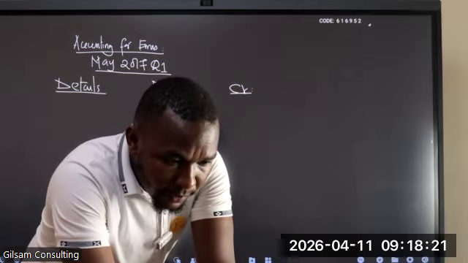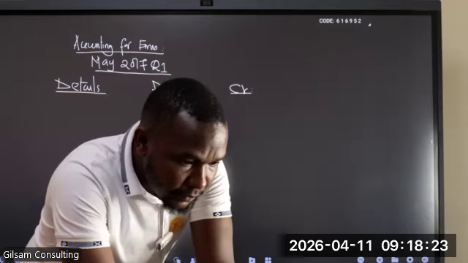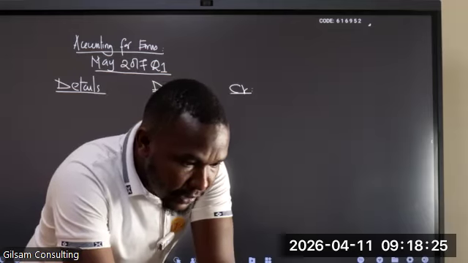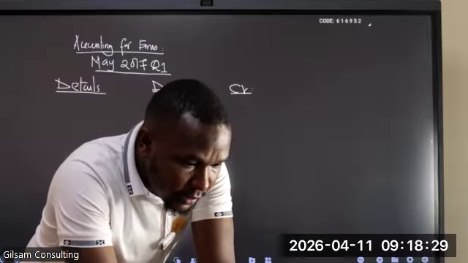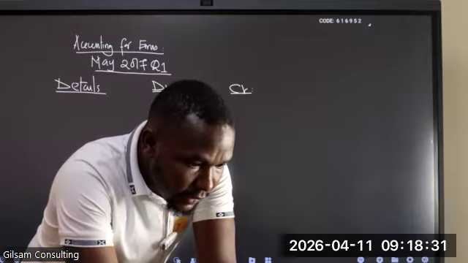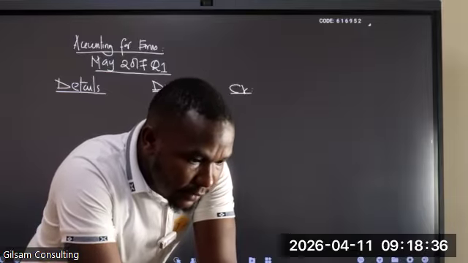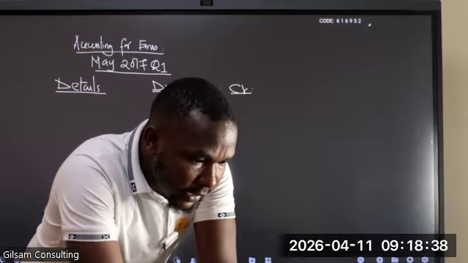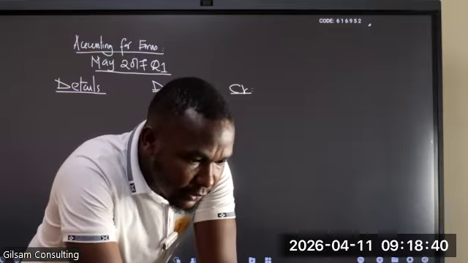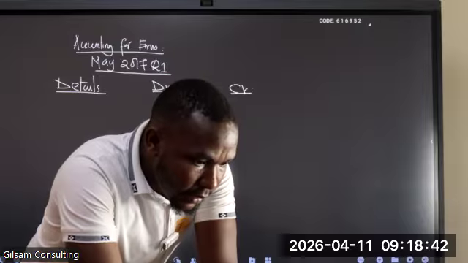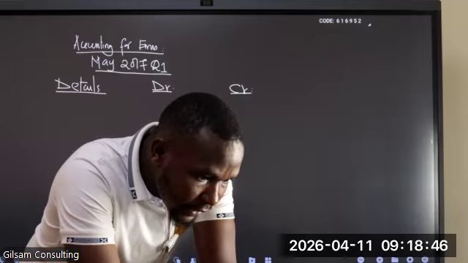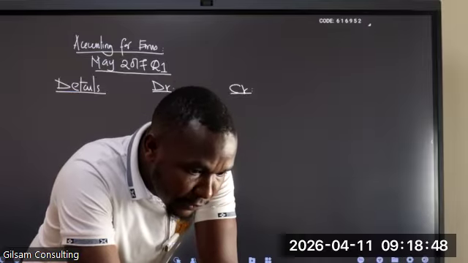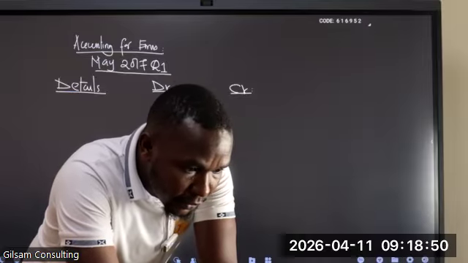So how do you account for that transaction? First, you ask yourself, they have already accounted in the cash book, on which side of the transaction? You remember we said there must be a debit and a credit for every transaction. So they have accounted in which side of the cash book?